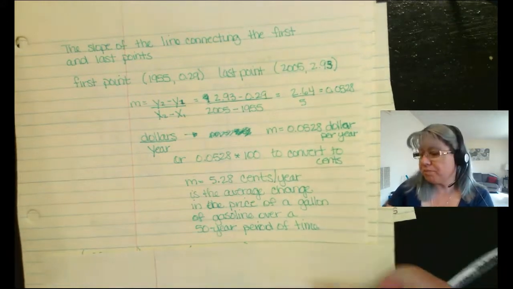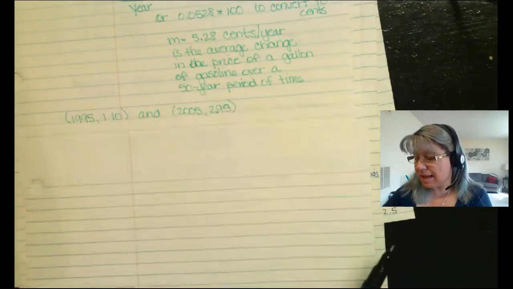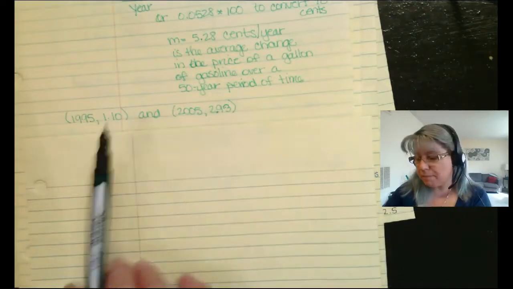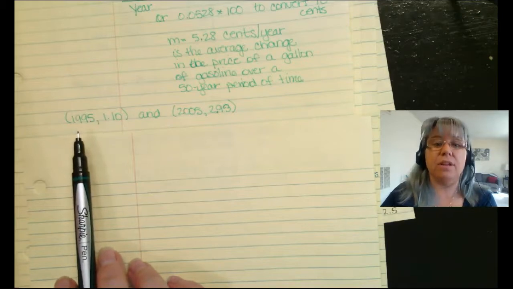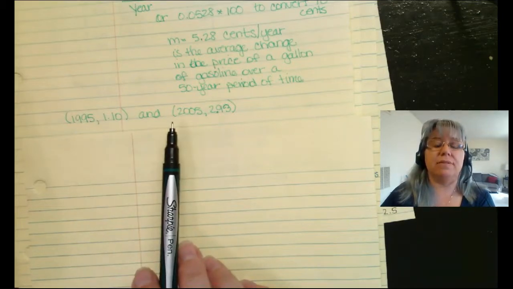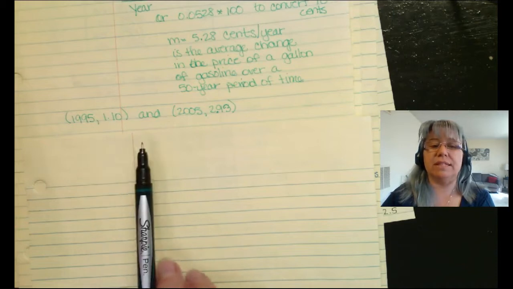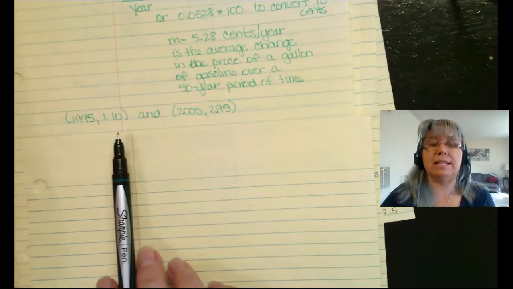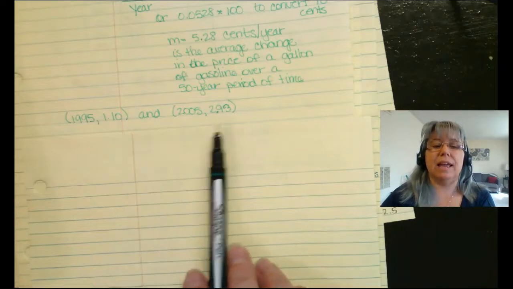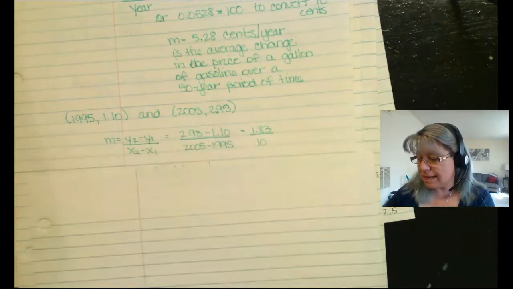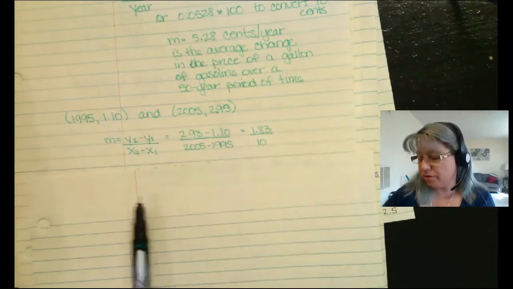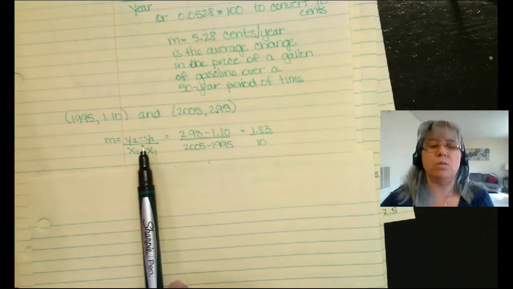Now, let's take another look. This time, let's take a 10-year range, 1995 to 2005. That's a 10-year difference. The price in 1995 on average was $1.10 a gallon, and in 2005, $2.93. We're going to do the same algebraic formula for slope, y2 minus y1 all over x2 minus x1.